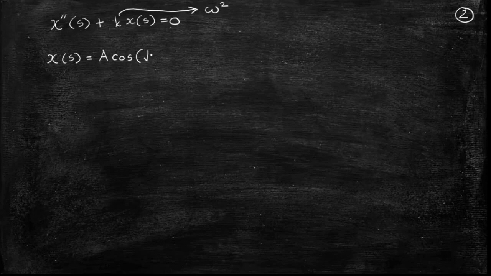So you will get a cos root k times s. You can always write a cos of root k times s plus delta, but it is more convenient and better for understanding if we write it this way.